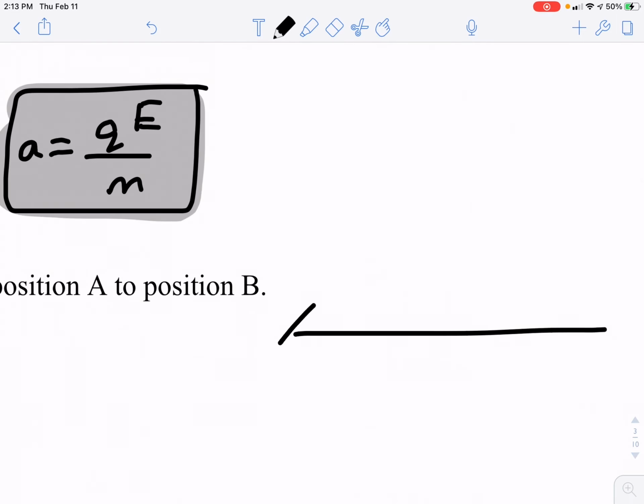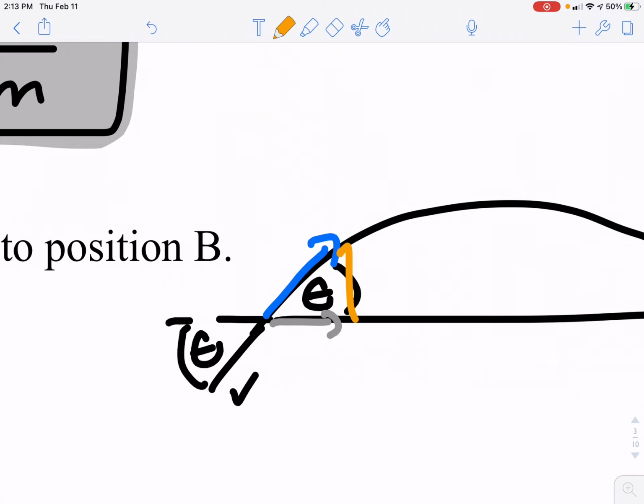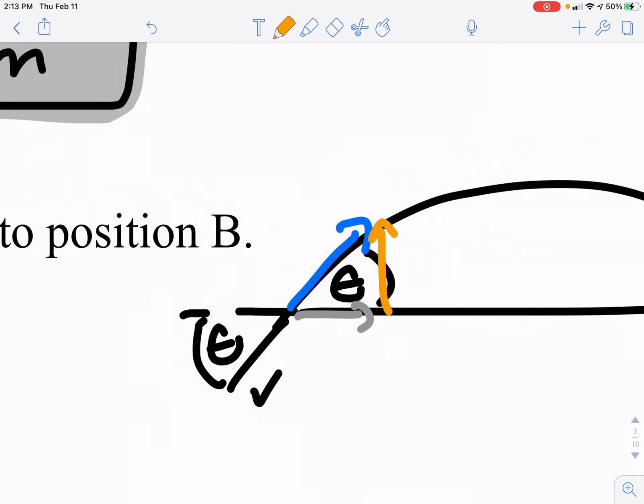So the velocity it's entering with has a horizontal component and a vertical component. The horizontal component is v times the cosine of my angle. The vertical component is v times the sine of my angle. Now, one of the things that we hopefully might recall is that the vertical velocity at the top is 0.